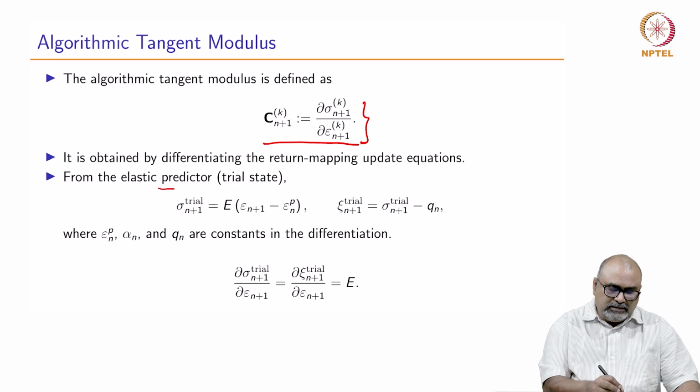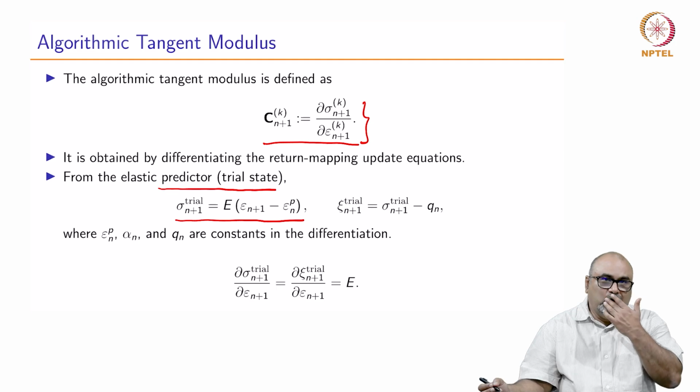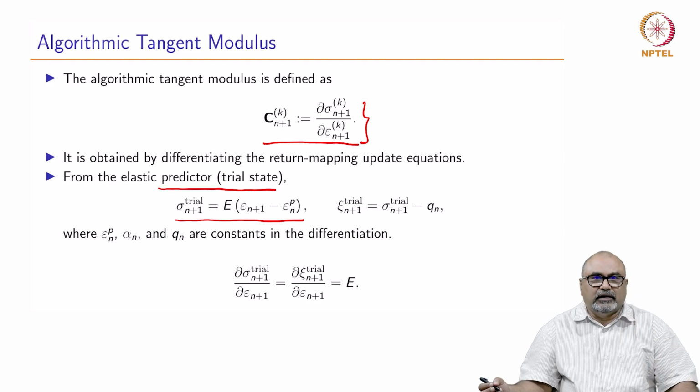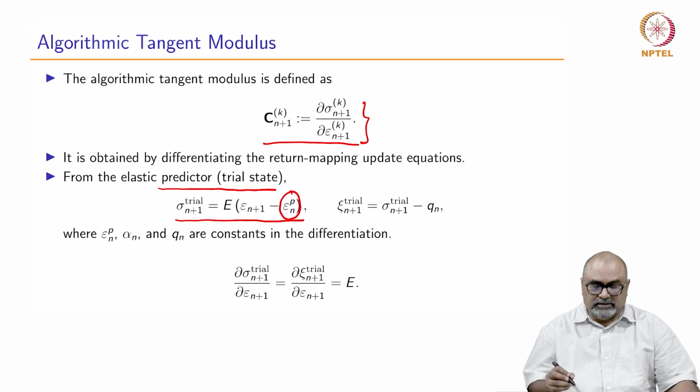From a trial elastic state, which is the elastic predictor, we have σ_{n+1} trial equal to the modulus of elasticity E times (ε_{n+1} minus ε_n^p), total strain minus plastic strain. Freezing the plastic process in that step and taking the plastic strains from the previous step, we can find the trial elastic state, and that stress is given by σ_{n+1} trial.